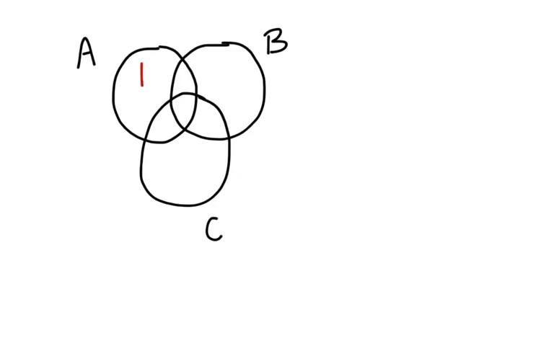We'll have 1, 2, 3, 4, 5, 6, 7, 8. So now we've got 8 regions in our diagram that we're going to talk about when we do shading. So let's take a look at what some three-circle shading examples would look like.